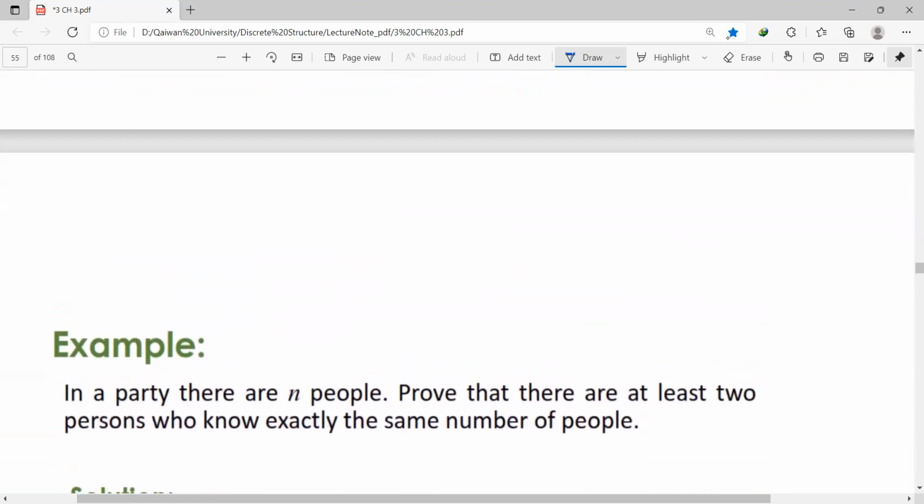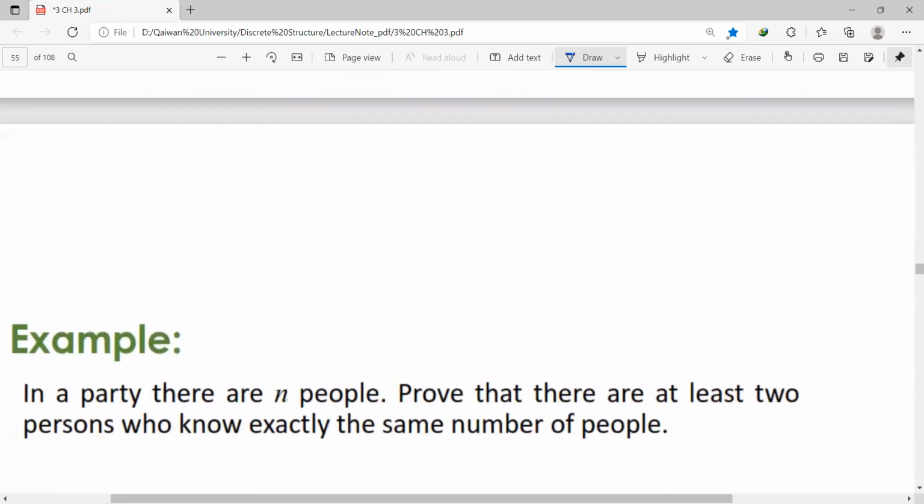Here we have an example. It says in a party there are n people. Prove that there are at least 2 persons who know exactly the same number of people. We have n people in the party, and we should prove that there are at least 2 persons who know the same number of people.